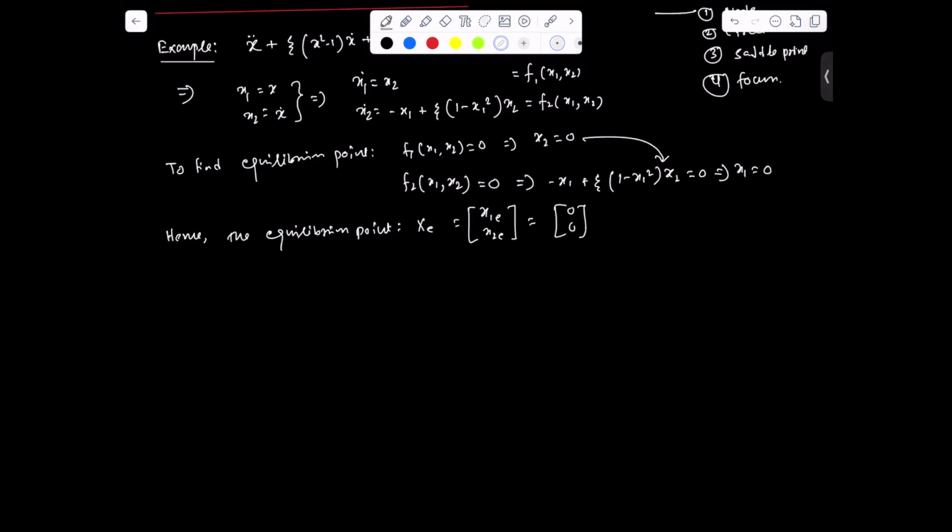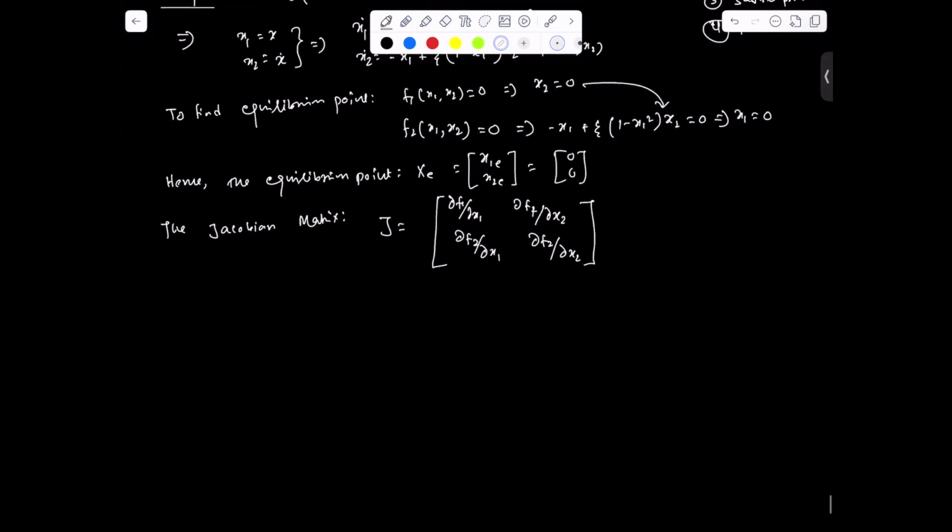Now we'll find the Jacobian matrix. We can form J equal to the matrix of dou f1 by dou x1, dou f1 by dou x2, dou f2 by dou x1, dou f2 by dou x2. Let us find the individual terms.